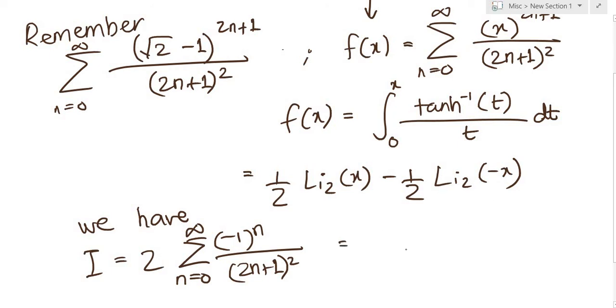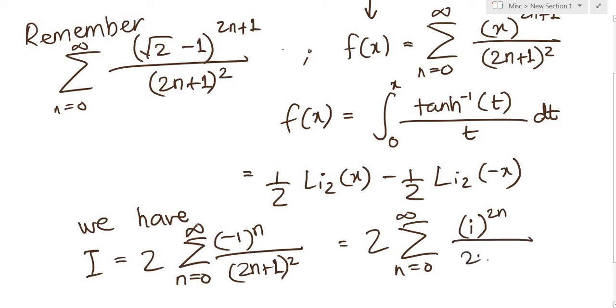What's negative 1? Negative 1 is nothing but i squared, right? So i squared to the nth power is i to the 2n, over 2n plus 1 whole thing squared.